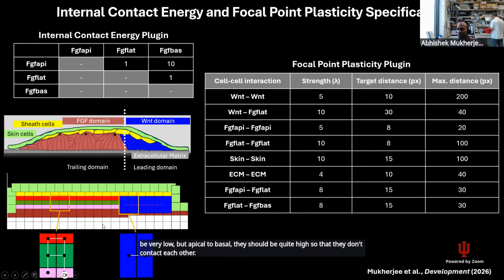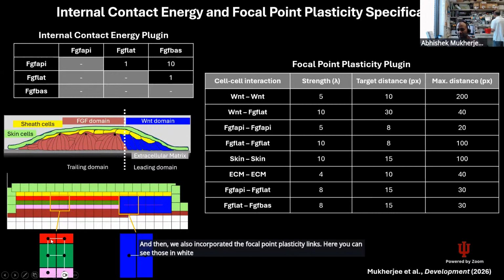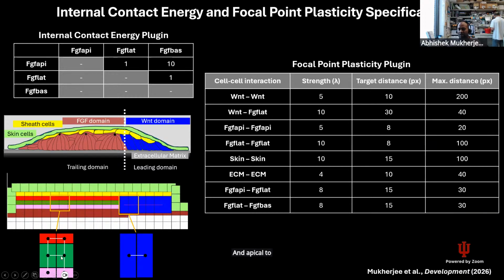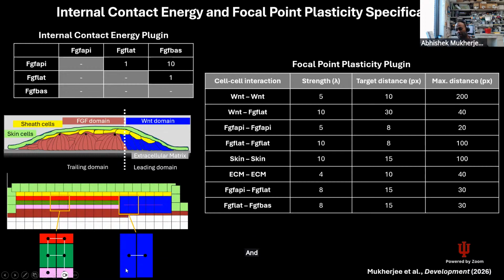And then we also incorporated the focal point plasticity links. Here you can see those in white. We incorporated links within each cell, apical to lateral and lateral to basal, and apical to apical in the neighboring cells, and lateral to lateral in the neighboring cells. We didn't have FPP links between the basal and basal domains. And we had FPP links between the Wnt cells also.